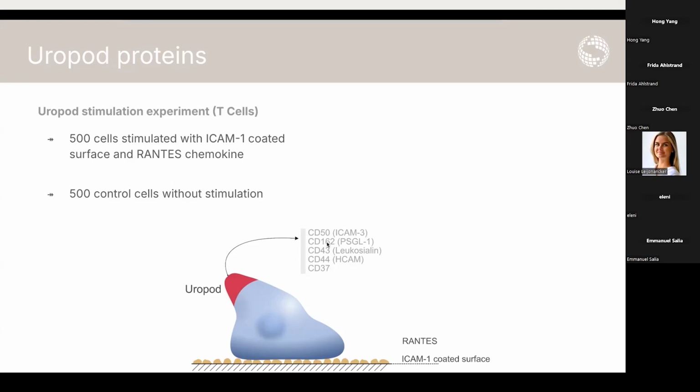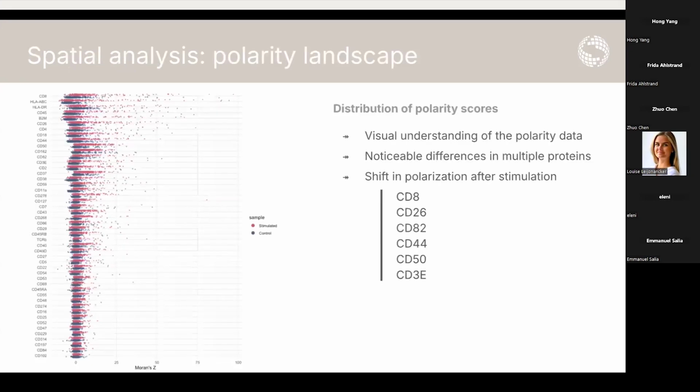Examples of these are several adhesion proteins such as CD50 or ICAM3, CD162, CD43, CD44, and there are multiple other proteins that cluster within that cellular structure as well. But with this analysis, we'll see if we can verify this by analyzing MPX data that we've generated with this experiment.